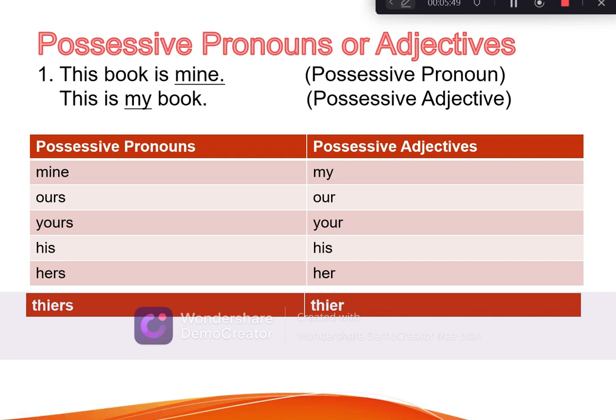So whenever any word from this list is followed by a noun, it acts as a possessive adjective: my book, our book, your book, his book, her book, and their book. On the other hand, these are the possessive pronouns: mine, ours, yours, his, hers, and theirs.